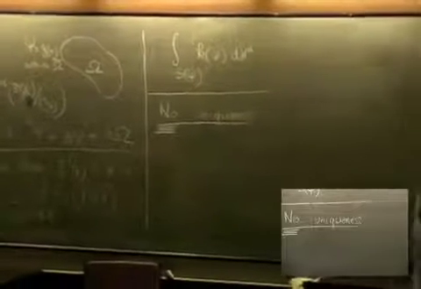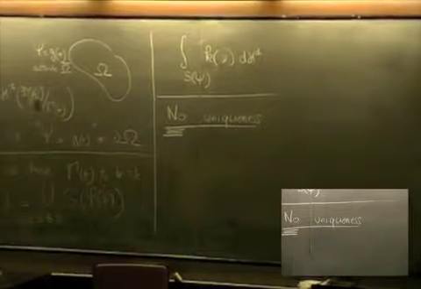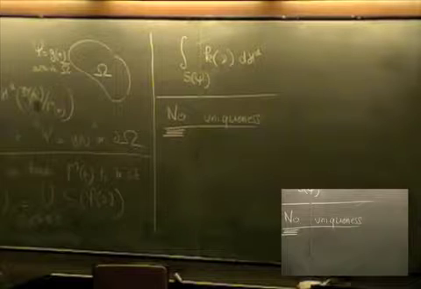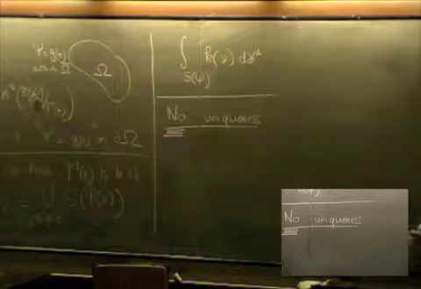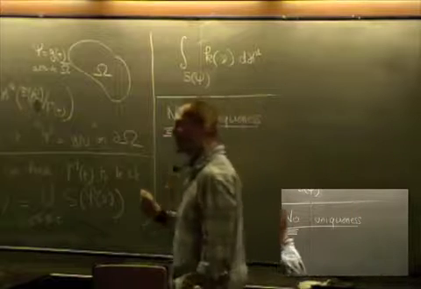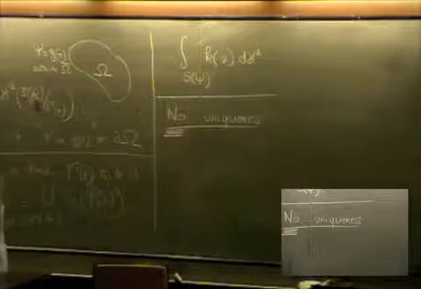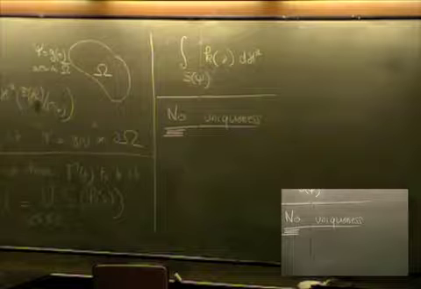Now let me also emphasize that this no uniqueness is generic in all mechanics problems which are not convex. It is only in a strictly convex case that you can prove uniqueness of solution.